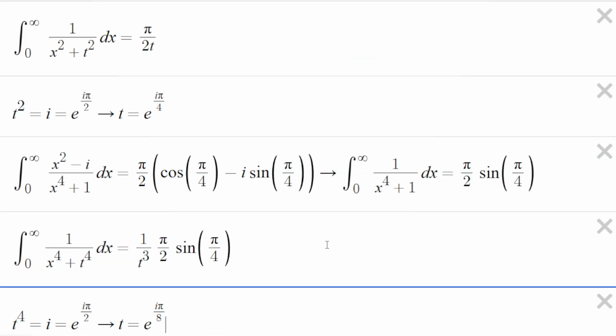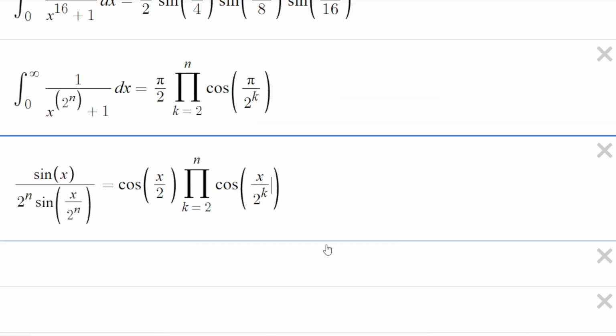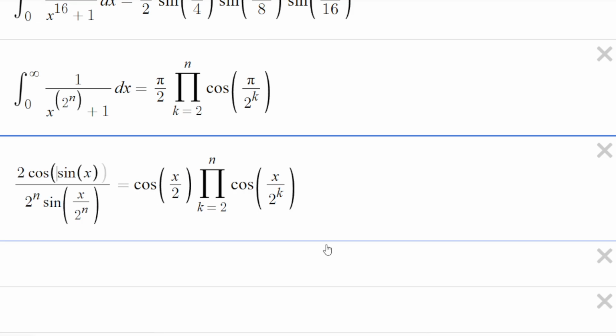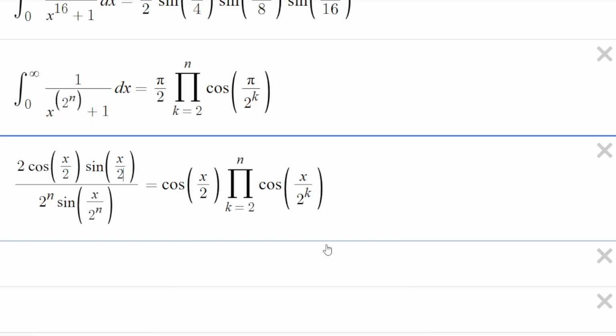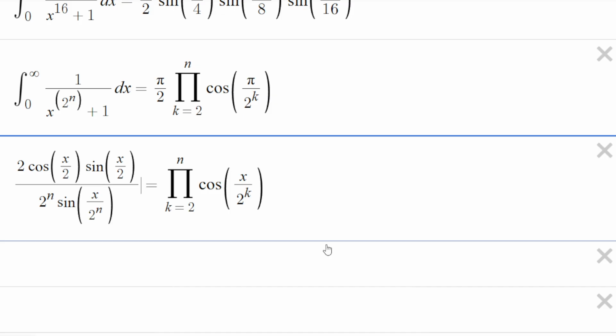But we know what sine x is. Sine x can be written as 2 cosine x over 2 times sine of x over 2. That's no problem. Okay, now we can divide both sides by cosine x over 2. Great.